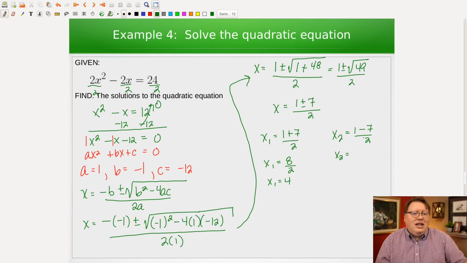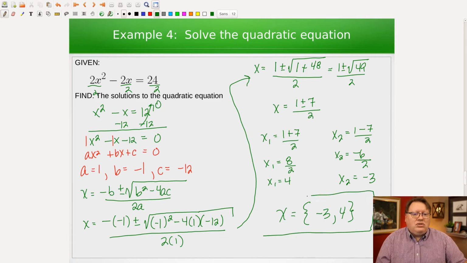Well, that's the same as saying 7 minus 1 and giving it the sign of the larger number, which is negative, the 7 there. So 7 minus 1 is 6, and we get negative 6 divided by 2, which is a negative 3. All right. So our solutions are negative 3, 4. And that would be your solution to this quadratic equation.